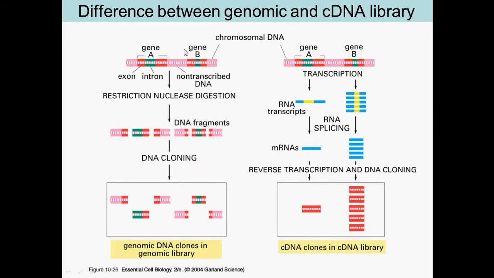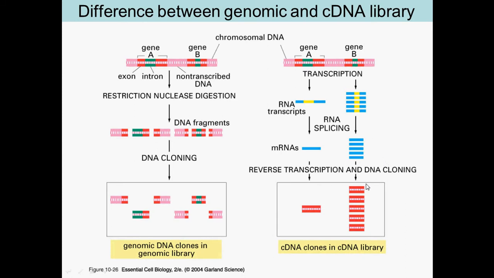And the difference is between a genomic and cDNA library. So you basically cut everything up, the whole genome, and then you have fragments, and then you clone them into bacteria. Over here, you have the genes and the DNA, transcription, get RNA, and then when RNA gets spliced into messenger RNA, then you take the messenger RNA, use reverse transcriptase, and you clone.